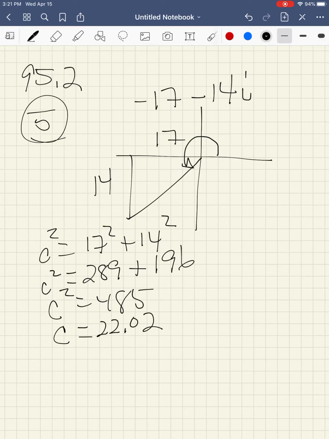Okay. So we know that that goes out in front. Now we need this angle here. That would be tangent of theta is equal to 14 over 17. So we put in the calculator second tangent 14 divided by 17. And we get 3.37.